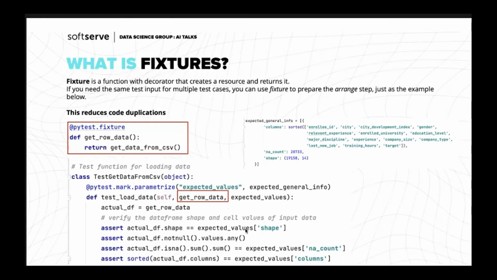For example, check shape, not null values, check some categorical columns, and so on. Practically, I will show the difference between using fixtures and not using fixtures. For example, let me just switch to another screen.